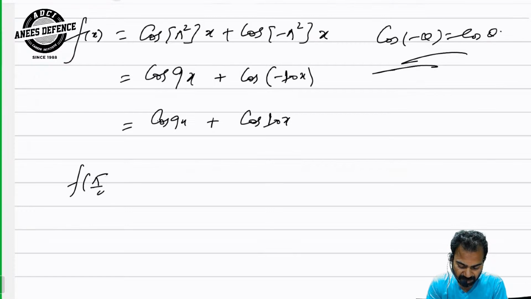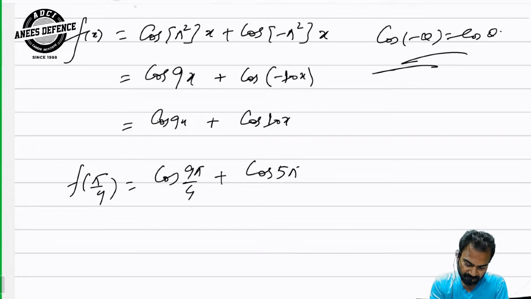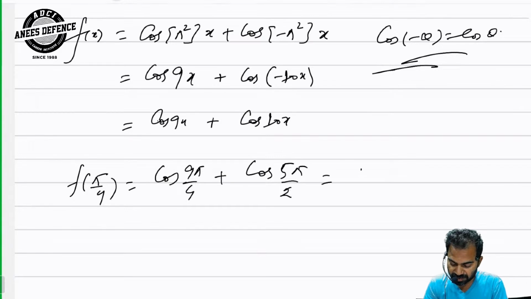If I take the first option, f of pi by 4, cos 9 pi by 4, cos 5 pi, sorry, 5 pi means 5 pi by 2. So this will be 1 by root 2. This will be minus 1. This is not the options.